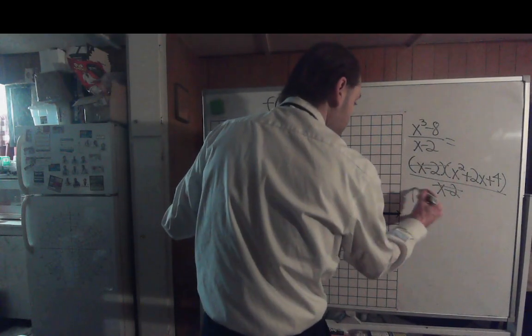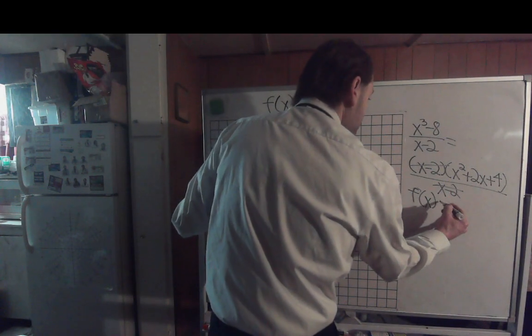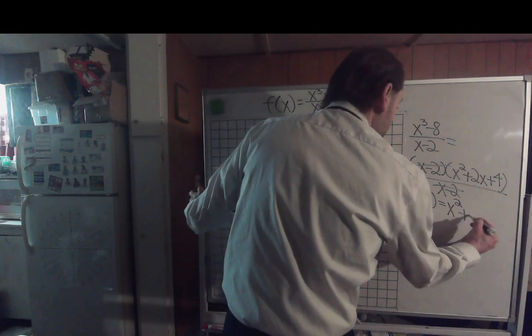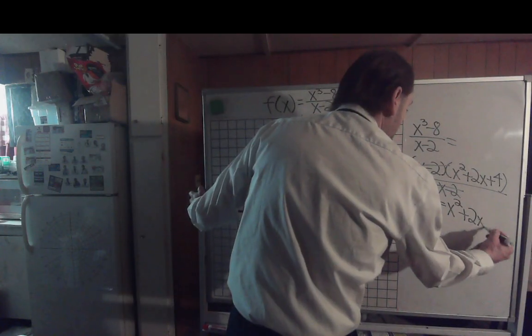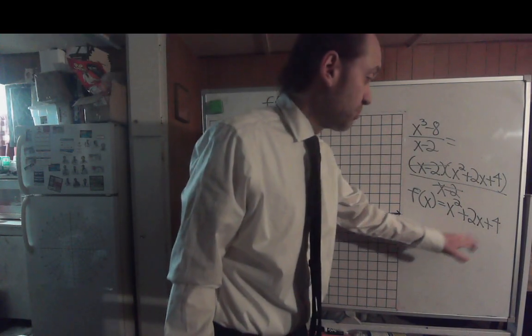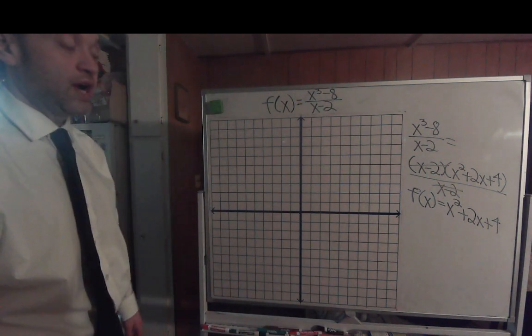So really what this just turned into was a simple quadratic function, f of x equals x squared plus 2x plus 4. It turned into a simple quadratic that we're going to graph.